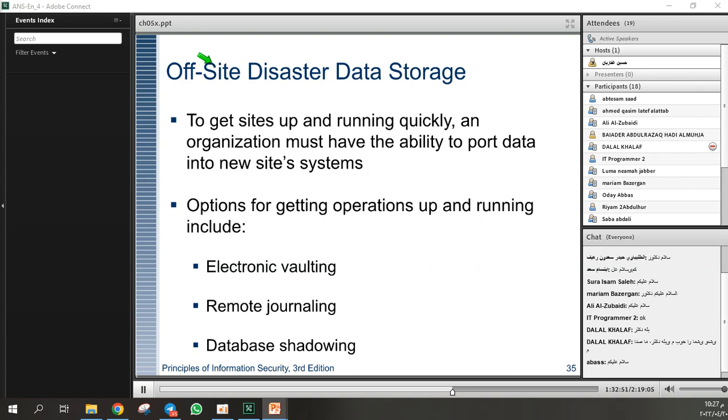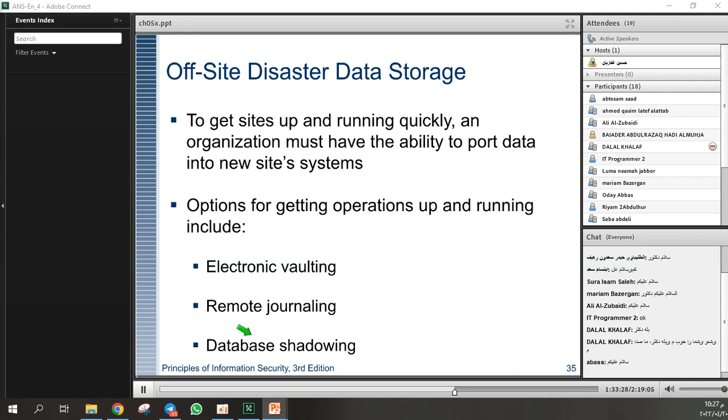If I decide to move to a secondary site, I should bring the data storage from the first site to the second site. How can I port that data to the new systems? There are different strategies. For example, you can use electronic vaulting, remote journaling, or database shadowing. It depends on your choice, on your conditions.